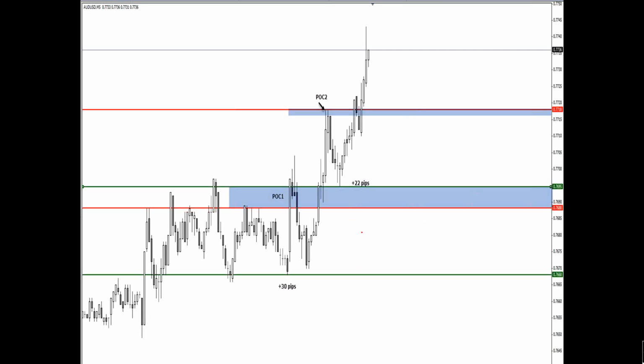I had many questions concerning the Australian dollar trade, but this is what we could have done if we traded with a trailing stop today. This was the first POC when the price got in, and we could have had 30 pips, then another 30 pips in profit.